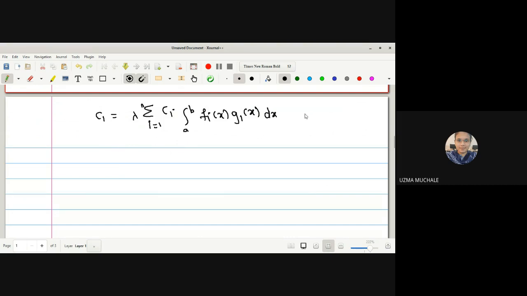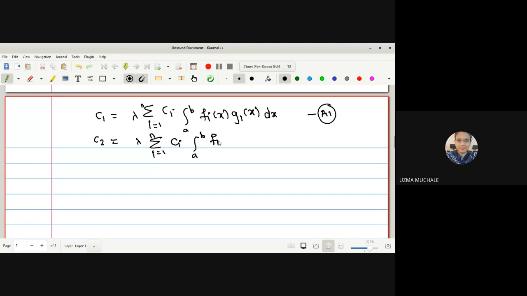Similarly, I can write the second equation, that is our a2. We can rename this as a1 itself because we have simply substituted the values of c1, c2 and so on. So summation over i 1 to n ci integration a to b.